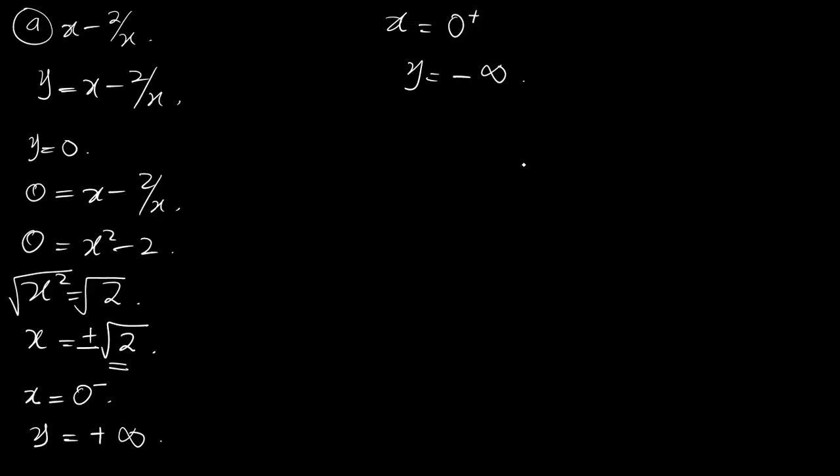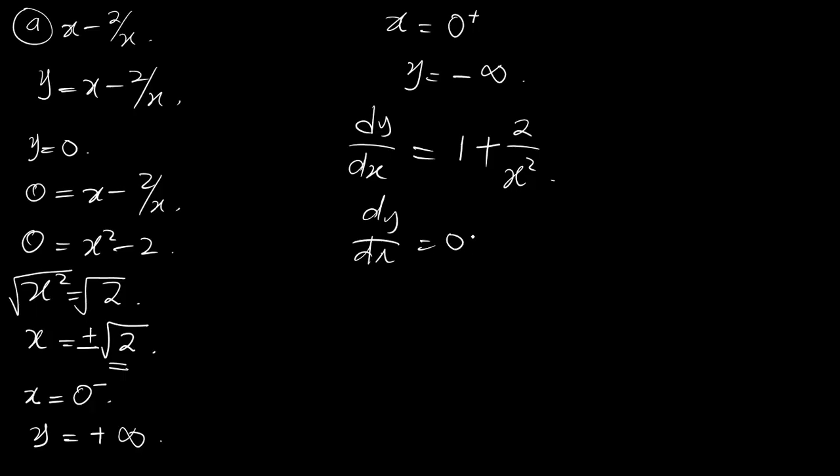Now we also have to go into other details. Let's look at the stationary points. So we differentiate y with respect to x, and dy/dx is equal to 1 plus 2 all over x squared. At the point where dy/dx is equal to 0, we have 0 equal to 1 plus 2 all over x squared.